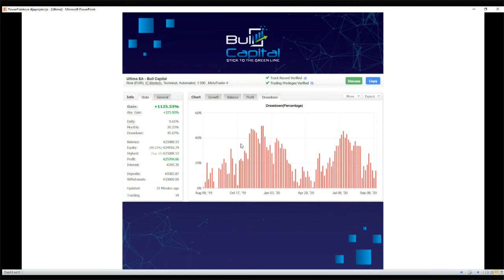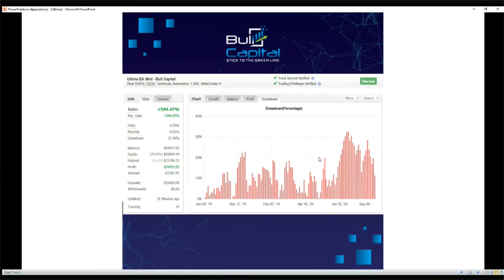So like I said, if this is too much for you to risk, this is the drawdowns chart for the 3% account. You see it's much lower. It barely reached 30% drawdown. So it's much less. Profit is still extremely high.